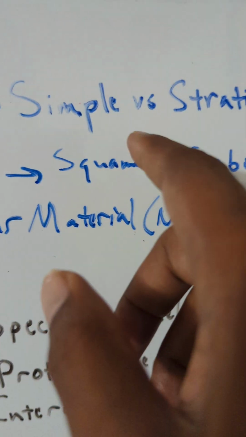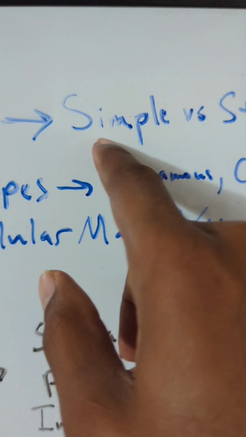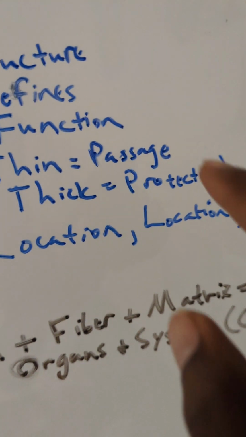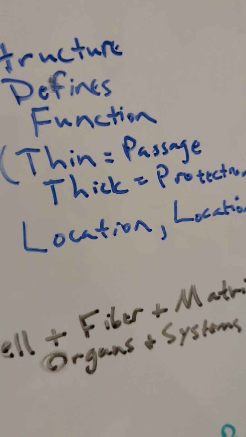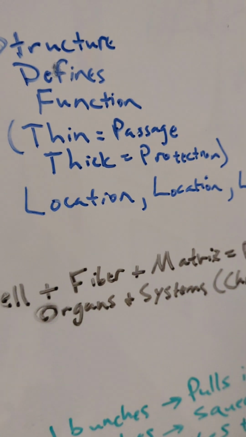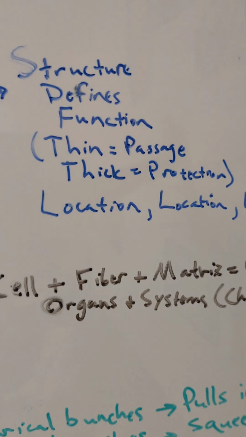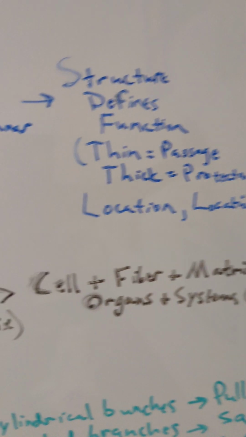So obviously, if it's flat, squamous, and it's only one layer, simple, then that means that its job is to allow passage, or I should say selective passage. So I want to be selective about something that's passing through. It's not letting everything through, but it is being selective and allowing certain things to pass through.